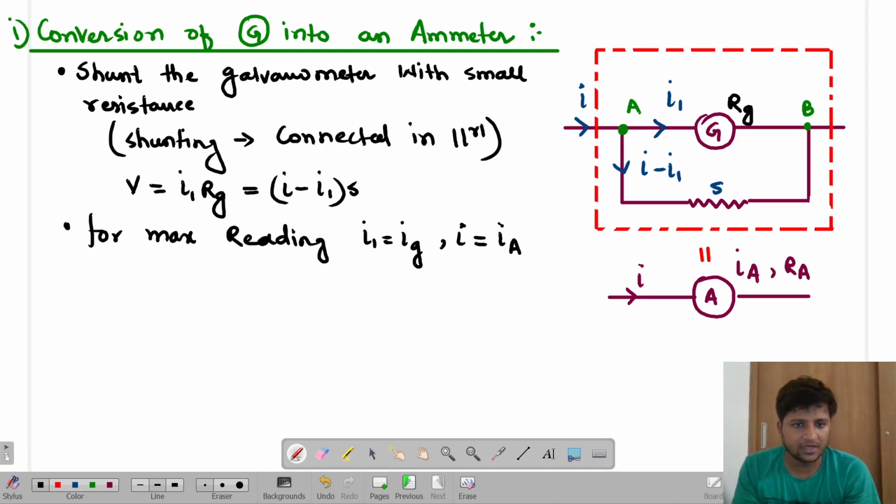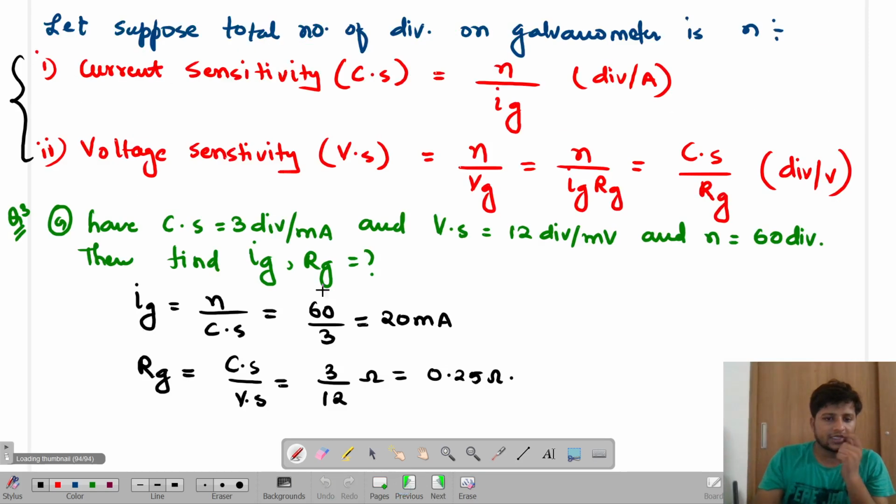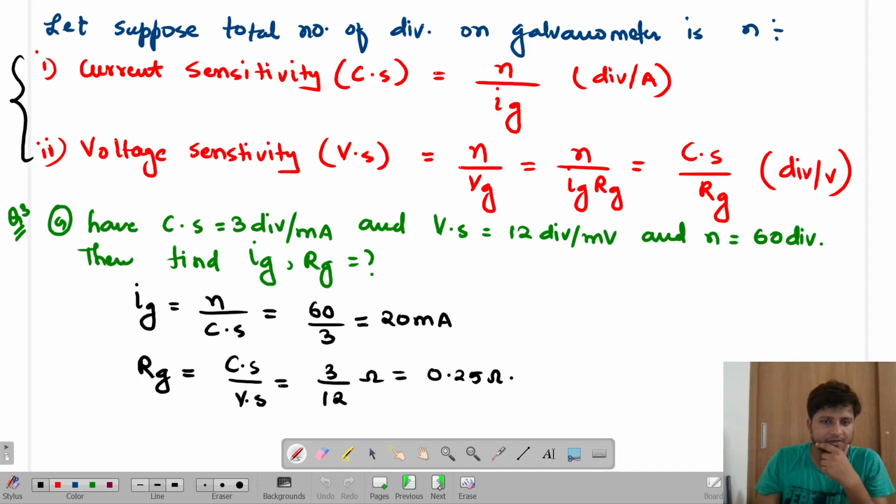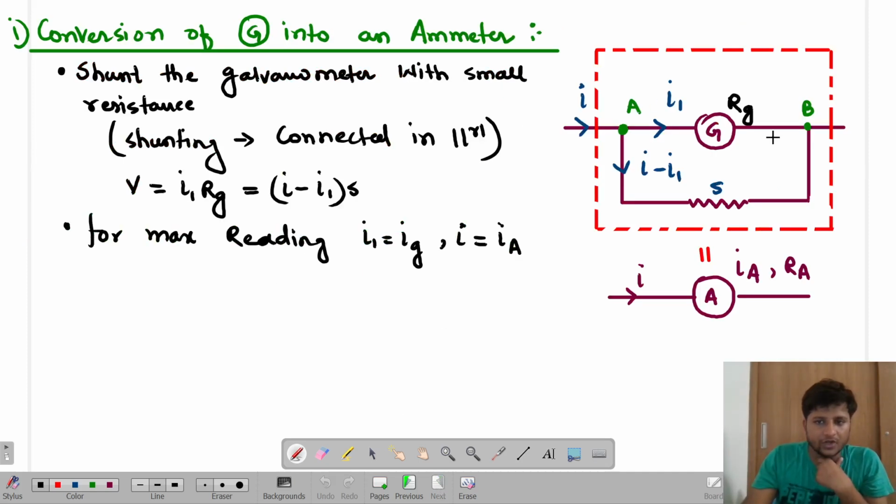Remember, try to understand. What I'm saying is, for maximum reading, the galvanometer shows the maximum deflection for the current passing through it. So if it is showing maximum deflection, then I1 is equal to the galvanometer current.